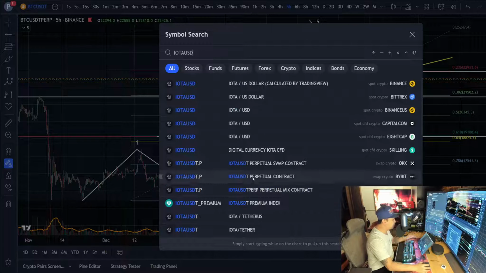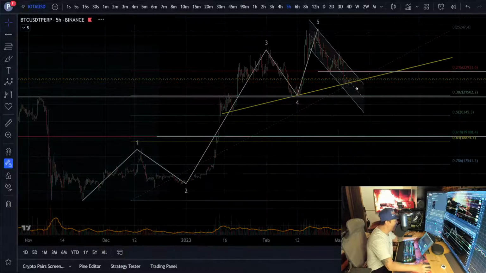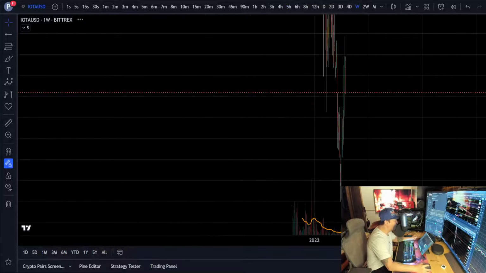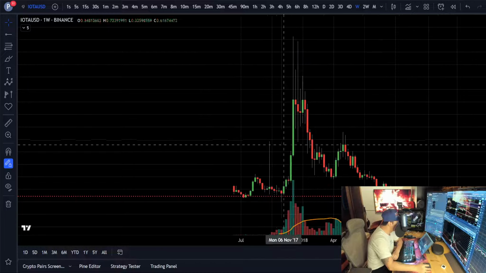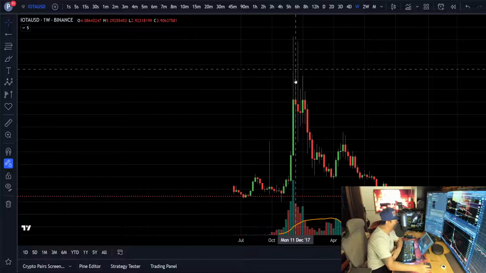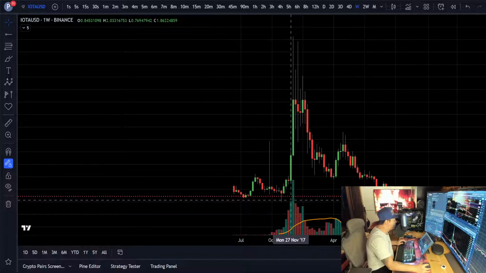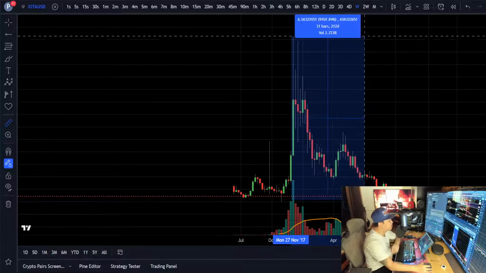So for example, if you go to IOTA back in the days, if I even have any data to show you, here's an example. Okay, here's IOTA USD. It went from like 0.06 cents to dollars. So it made some monster gains of like 10,000% kind of gains, right?